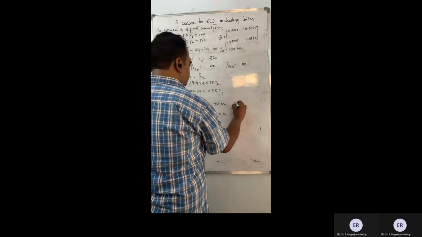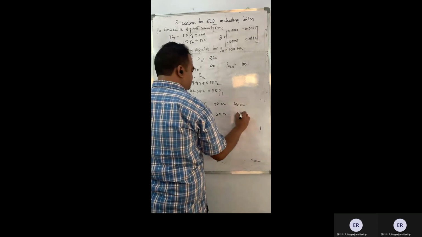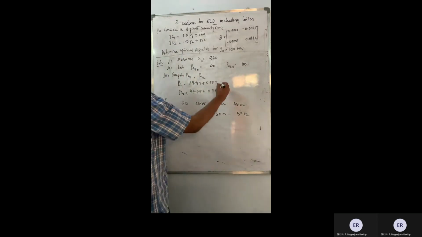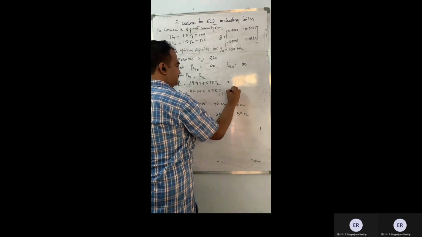Again, this is 48.02 and it is 50.02 again. So which means that if I do one more iteration, this will become saturated. So this is my Pg1 and this is my Pg2. So what is Pg1? 48.02 and this is 50.0.